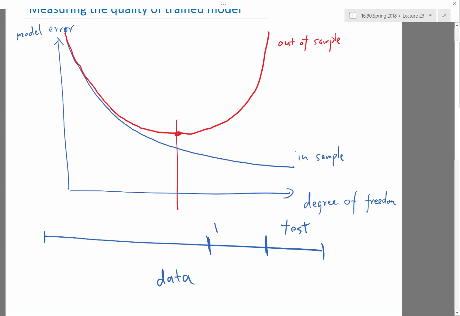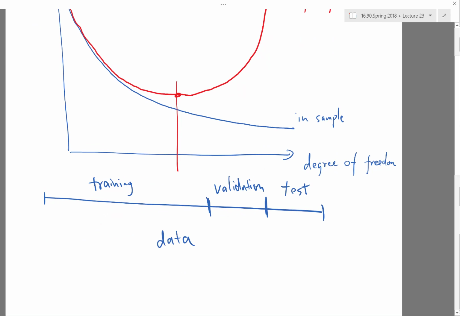And this is the validation data set that you use to produce that out of sample curve. And this is the training data set. The validation set can be maybe 15% of the whole thing, the test set can be like 15%, and the training set can be like 70%. But these values go up and down in different practices.